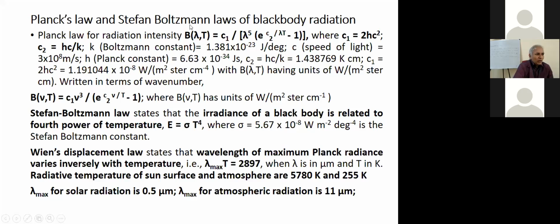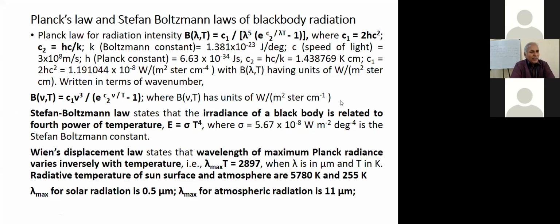If I integrate this Planck's blackbody radiance over all possible wavelengths, the integral of B lambda T d lambda from 0 to infinity would be the same as the integral of B nu T d nu, with frequency varying from 0 to infinity. So one can express the Planck's blackbody radiance in terms of either wavelength or frequency.